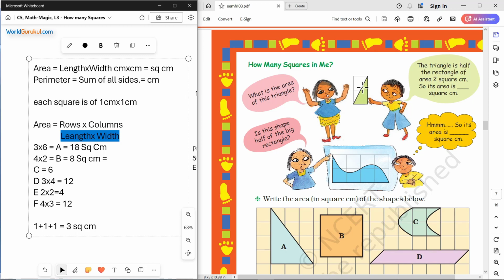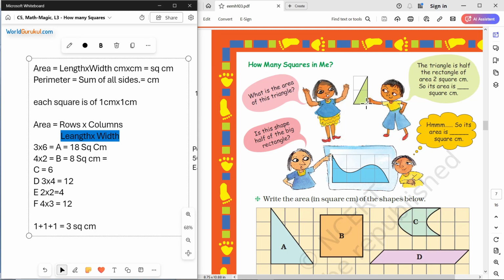And you see this diagonal across, joining the opposite corners. This will cut the rectangle into 2 equal halves. In that case, the area of the triangle is going to be half of the area of the rectangle. Half of 2 is 1.